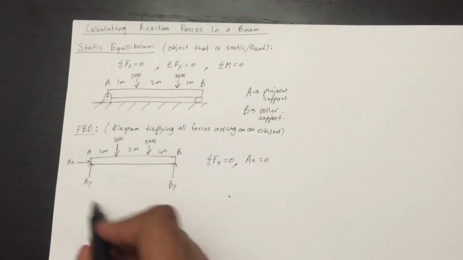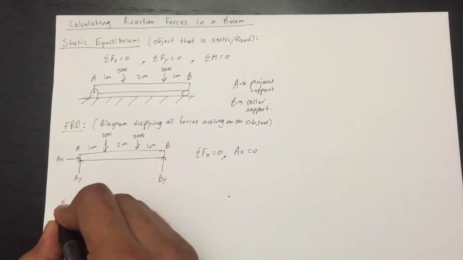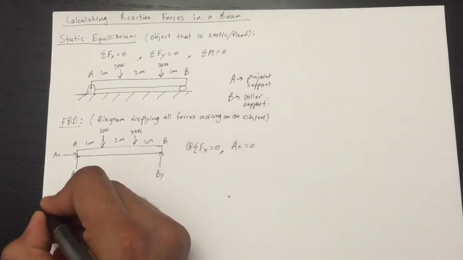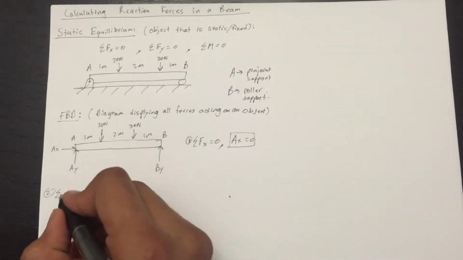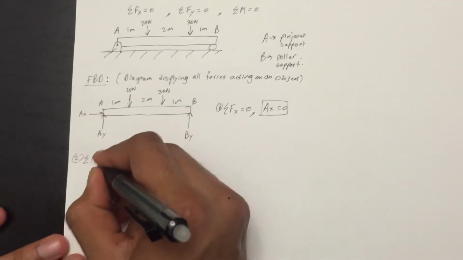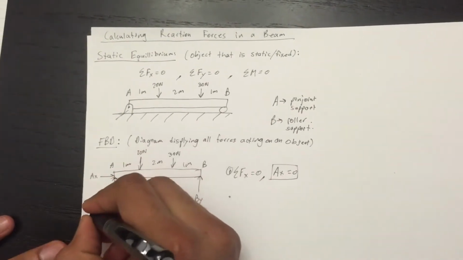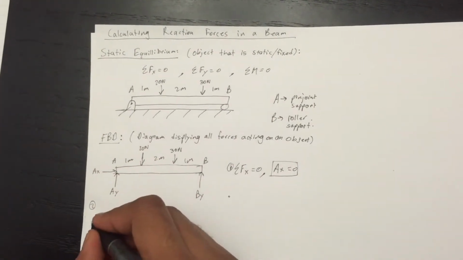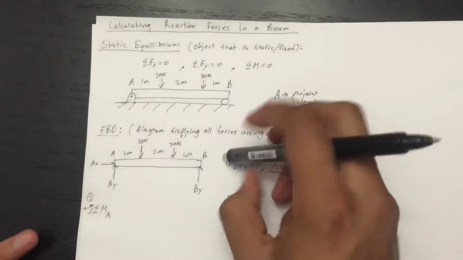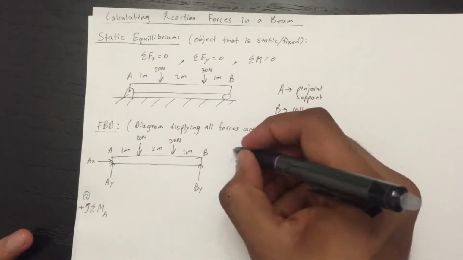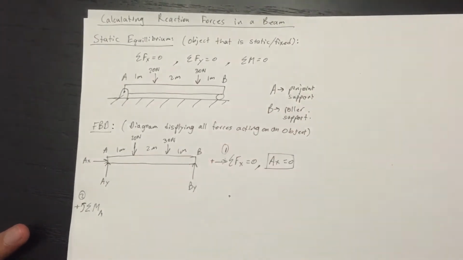Now, let's find BY. In order to find BY, let's do the sum of moments about A. And our moment is going to be counterclockwise positive, and our x would be in that direction positive.